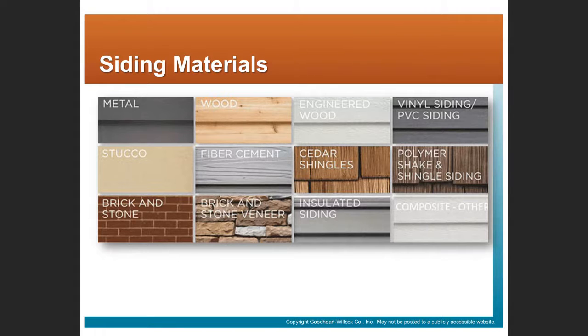I always like wood siding, but wood siding requires maintenance and painting. Nowadays, people are using other sidings, vinyl or fiber cement, sometimes called Hardie board, right? But there are a lot of different materials that we can use to finish or side the building.